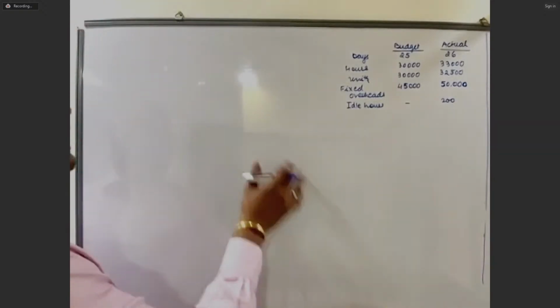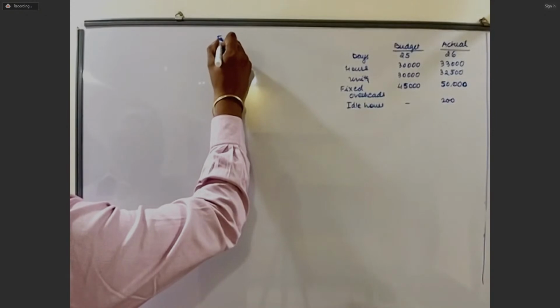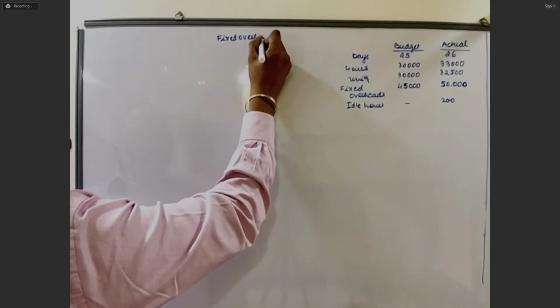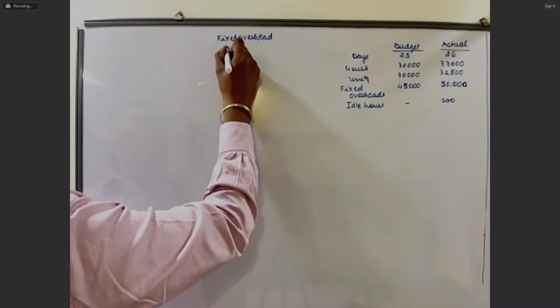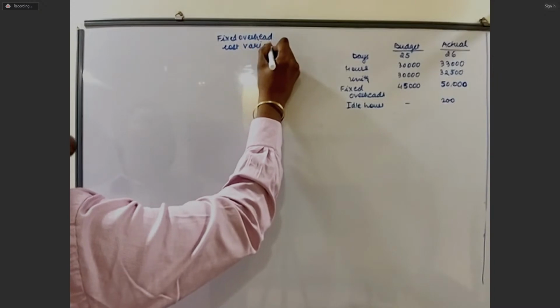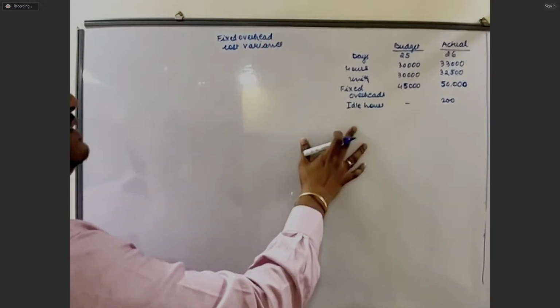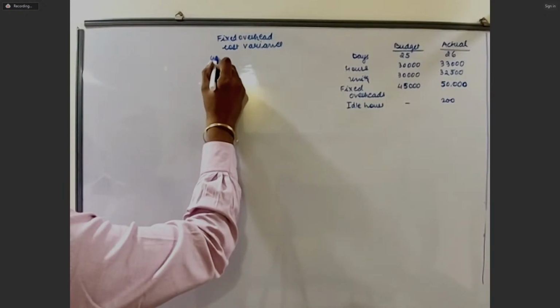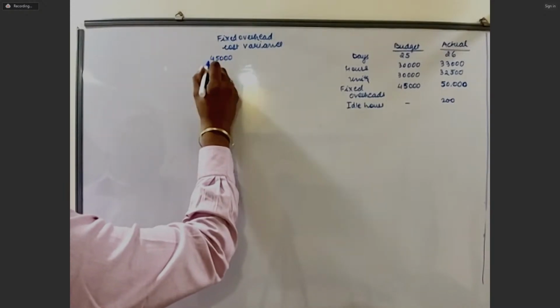So again, when talking about fixed overhead cost variance, there will be no change. Again, I'm writing the explanation. Fixed overhead cost variance, no change. That is same. 45,000 for 30,000 units.